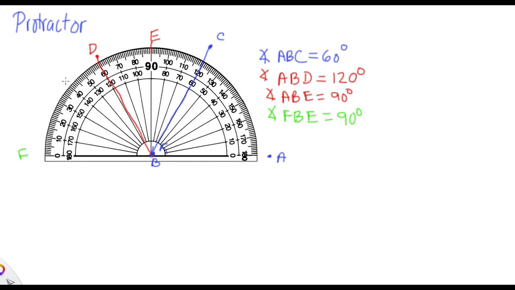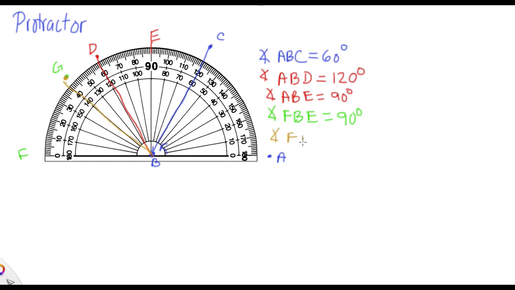If we looked at a point, let's say here, G, and we went from FBG, let's say G is here, that angle is going to be 40 degrees.